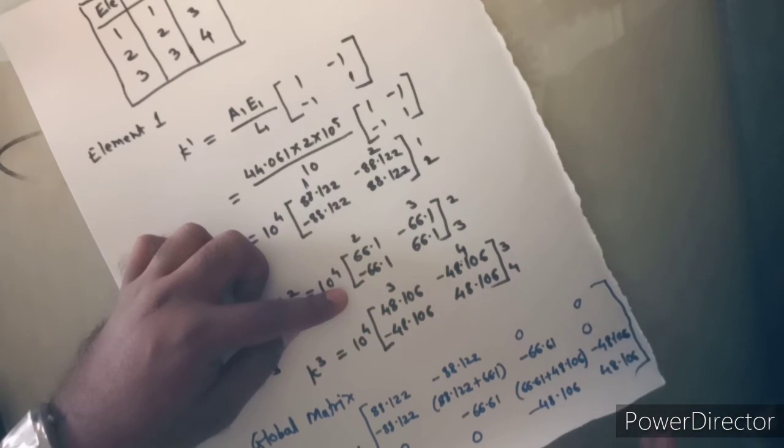This is the 4 by 4 global stiffness matrix.